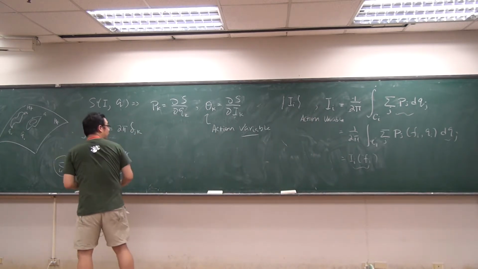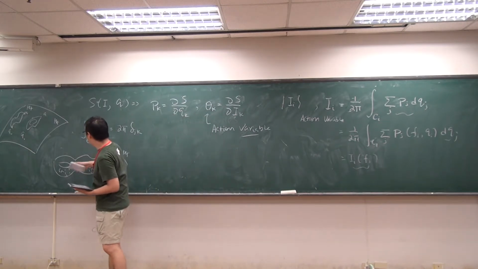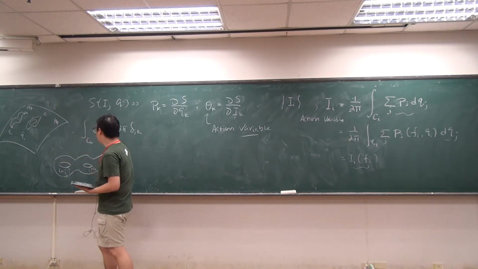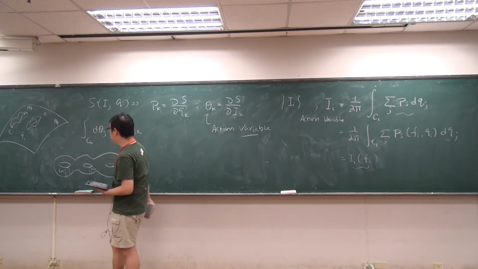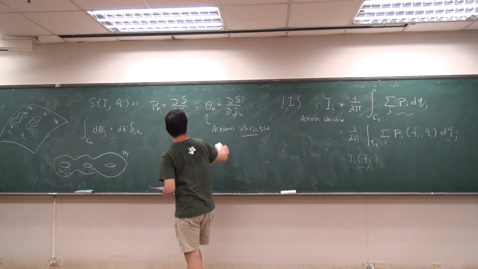And we can show this very easily, almost by definition. So basically, theta now actually plays the role of angular coordinate along each of the non-contractible cycles.